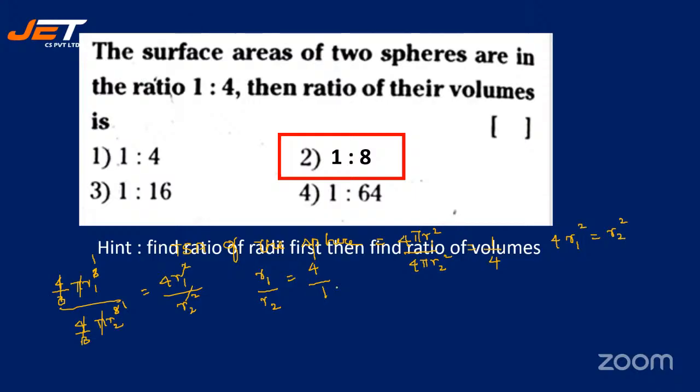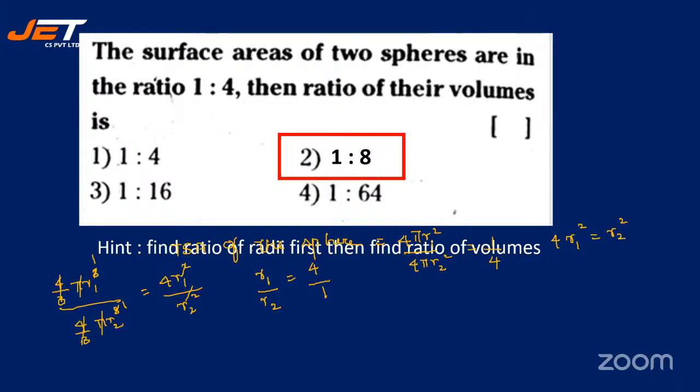So you will get 4 into, yeah, so here 1 R is left out, isn't it? 4/3 will get cancelled, pi will get cancelled, right? And your R1 cube you have, here you have R1 square. So 1 R1 is left, equal to 4.